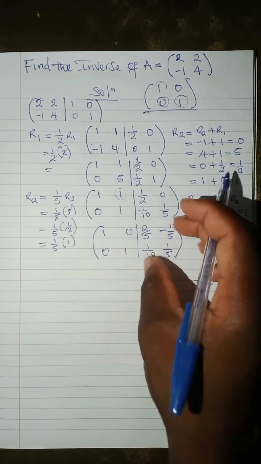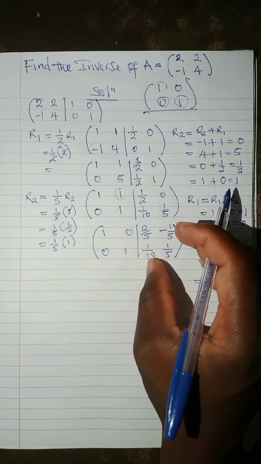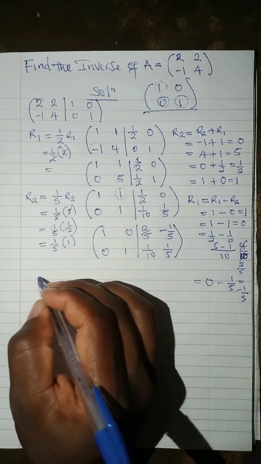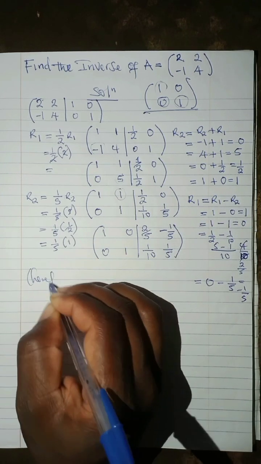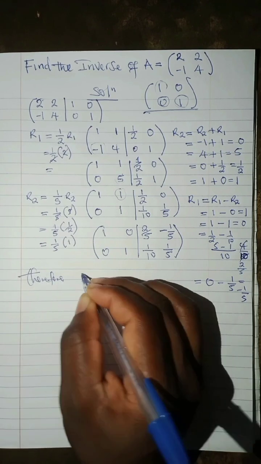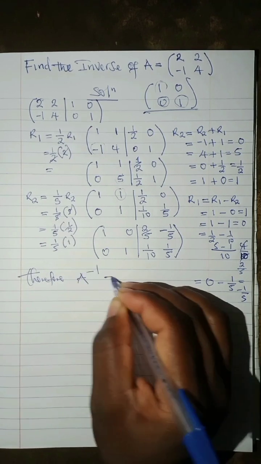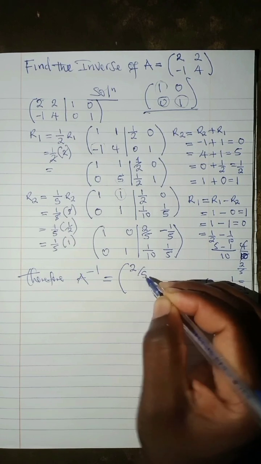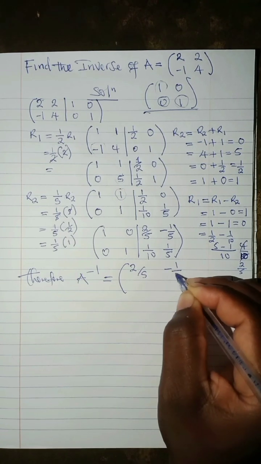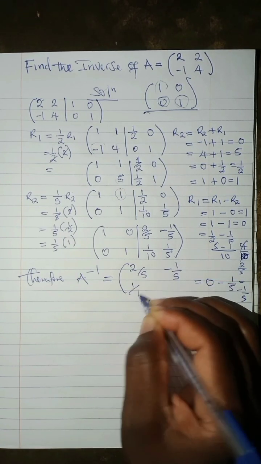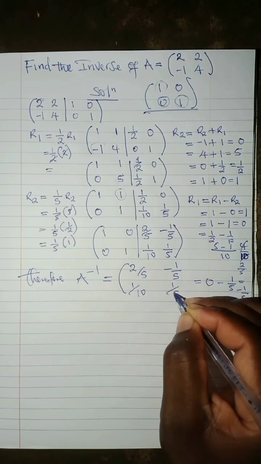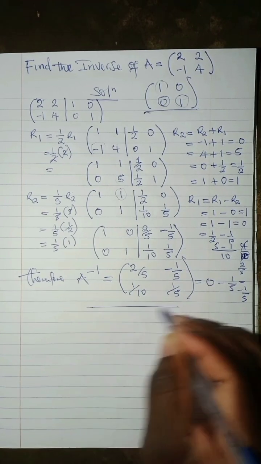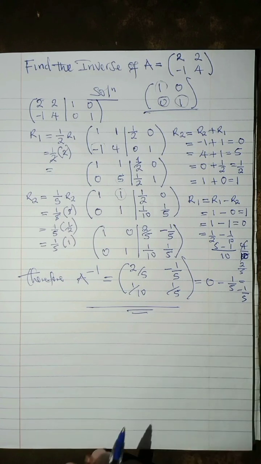This means that whatever we have obtained here, it is our inverse of A. We say, therefore, our inverse of A is equals to 2 over 5, negative 1 over 5, 1 over 10, 1 over 5, like that. So this is our inverse of A.